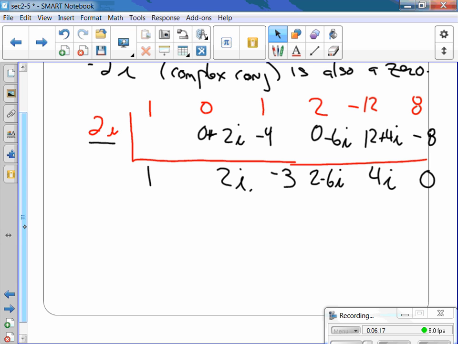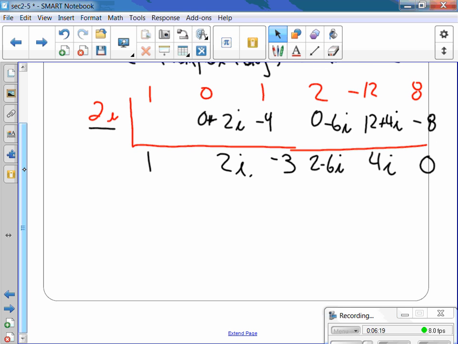So my 2i was a zero, so now we came down to a what degree polynomial? Here's my constant term, right? Here's my first degree, second, fourth degree polynomial. Can I factor that? Especially with all these i's in here? Probably not. Do we know another zero? Yes.